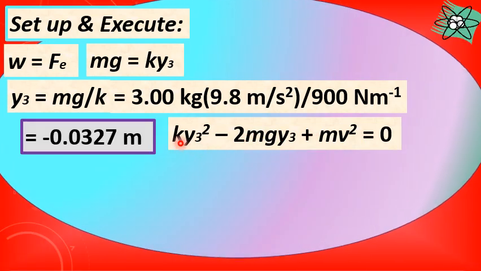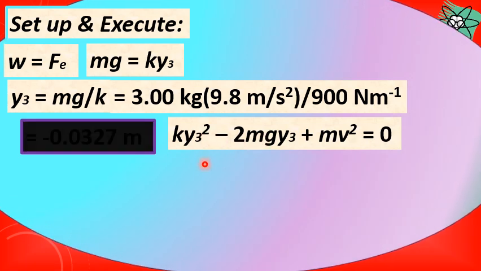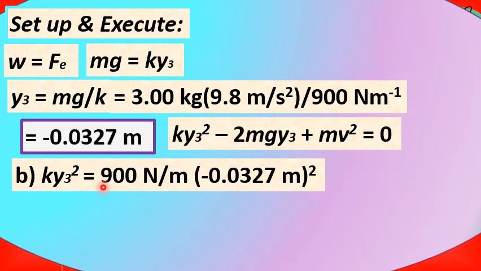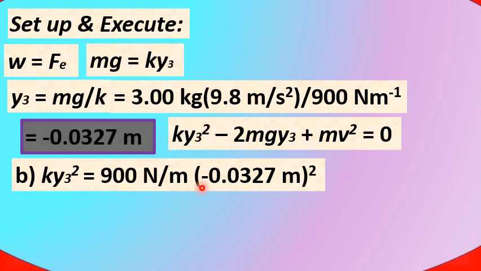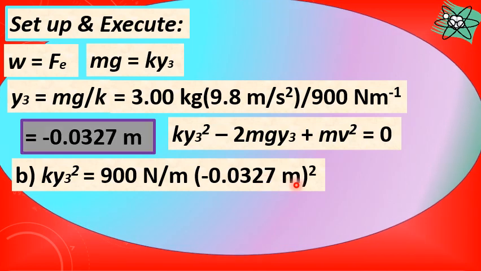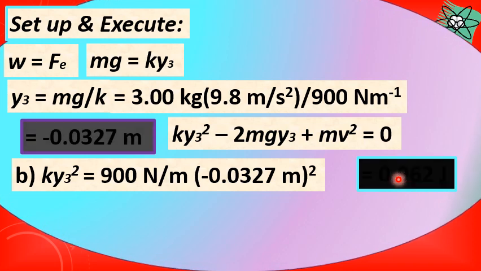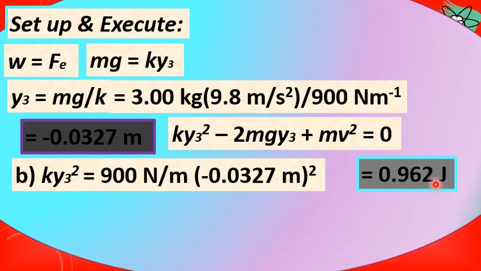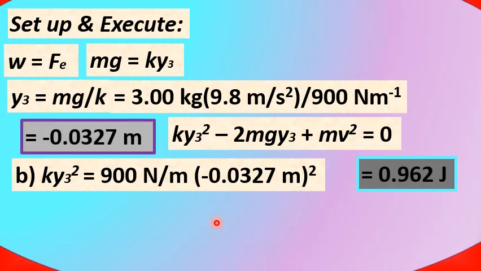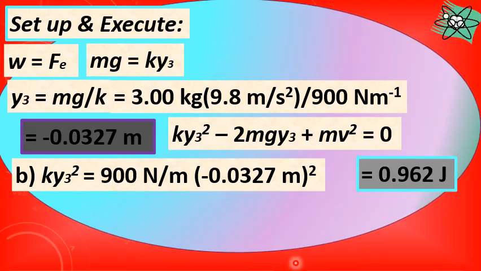Now, we will determine the value of each of these terms. For k y sub 3 squared, that is simply the product of the force constant, 900 newtons per meter, and the square of y sub 3, negative 0.0327 meters. Or, k y sub 3 squared has a value of 0.962 joules, also in 3 significant figures. We assume that the force constant has 3 significant digits.